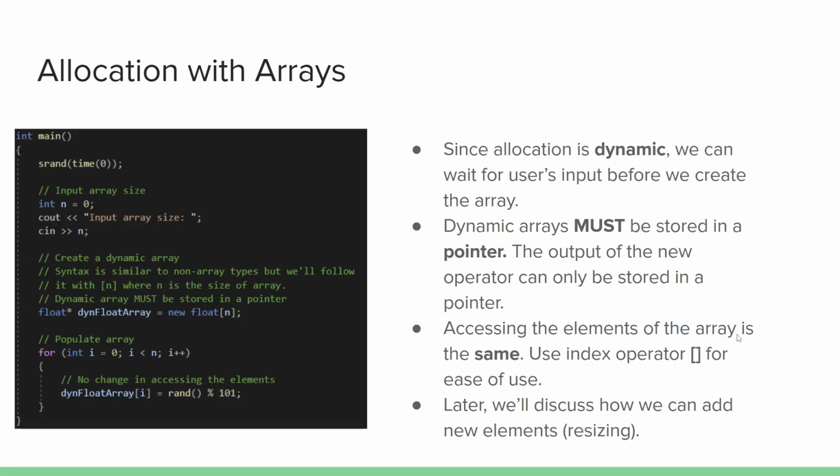Accessing the elements of the array is the same. We can use the index operator for ease of use. So it's almost the same thing. It's just that with the pointer, we can actually have a dynamic size for the array. And we can populate it the same way.